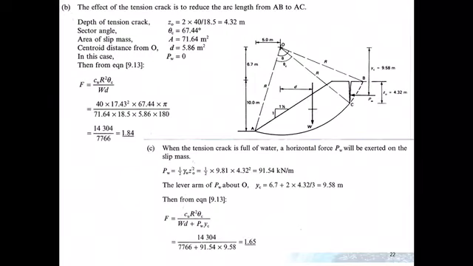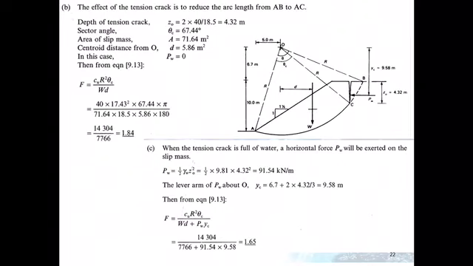So D is 5.86 meters, not meters squared. CU R squared theta over WD. No PW, so PW equals 0, so we still use the same equation. So your factor of safety, 1.84, is increasing.